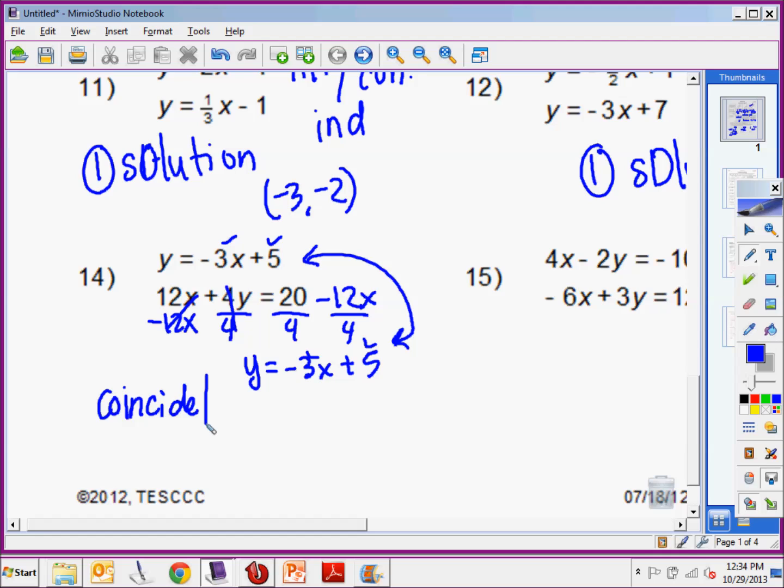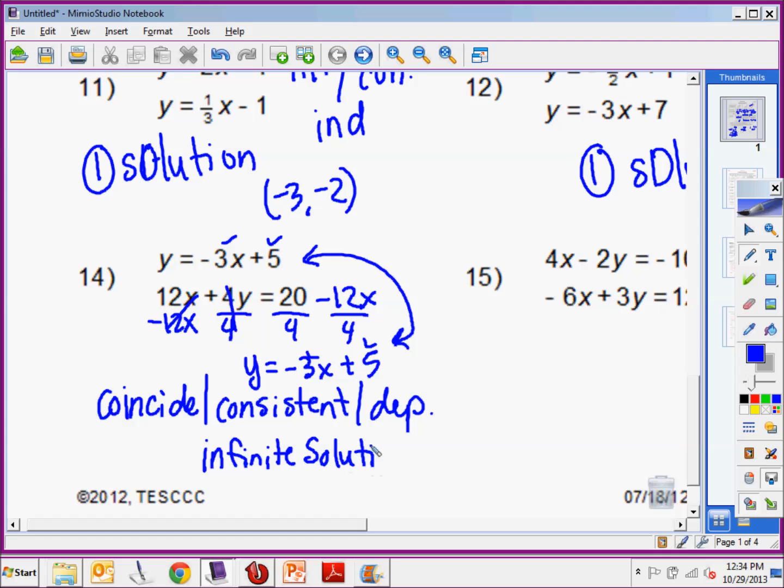Yes, it's consistent and dependent. There we go. And what is my solution? It's infinite. It's an infinite solution.